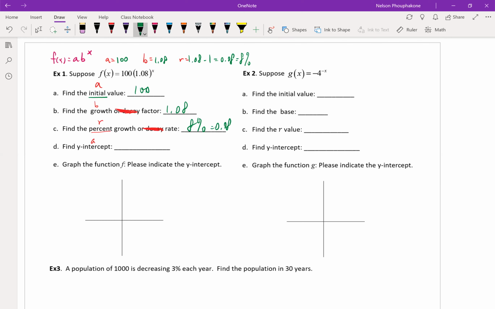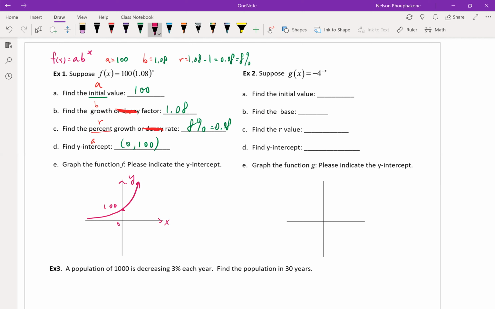And my y-intercept, I write as (0, 100). Then you will see that a is positive and b is greater than 1, so the function is increasing. And of course, the y-intercept is 100 here. Okay, so then we could actually sketch the function.